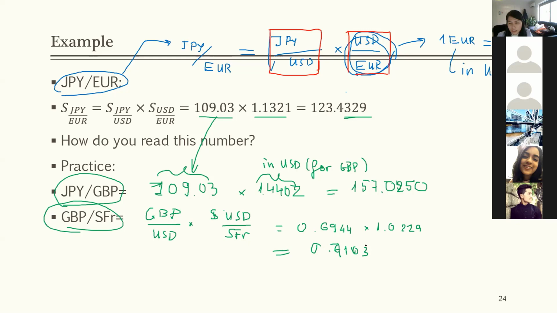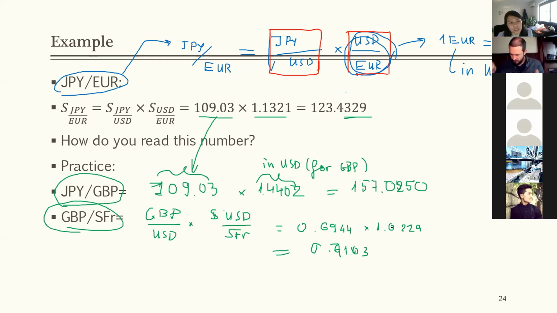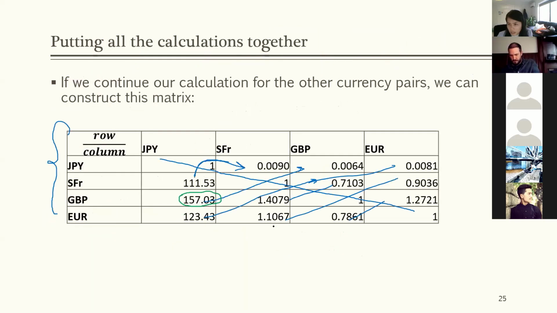Let me check if that's the correct answer. Did anyone else have the same answer? Yeah, I did. Yeah. Okay. But here I think we should take the per US dollar for pound, and then it should be in US dollar for Switzerland. Exactly, right. Spot on. So let me check. Yeah, that's the correct answer. Got it.